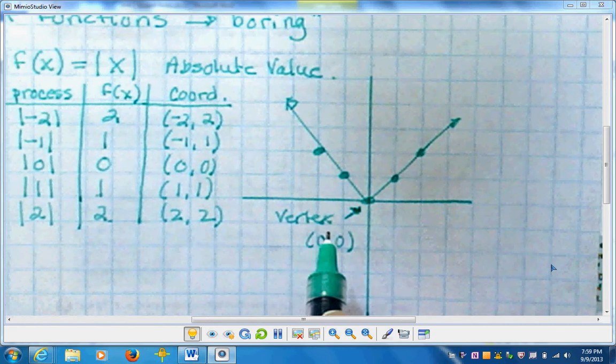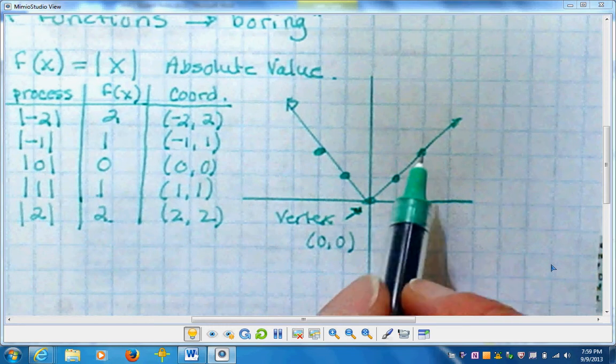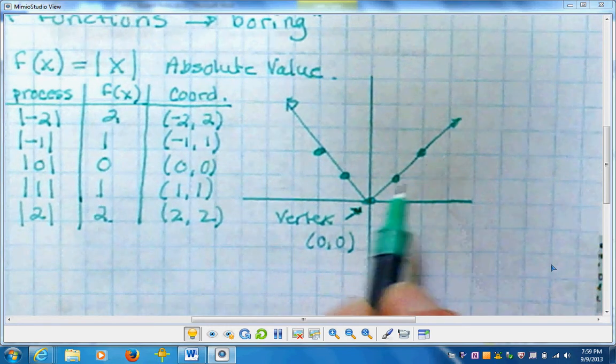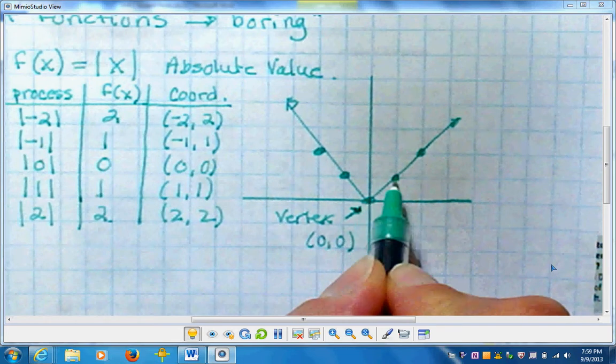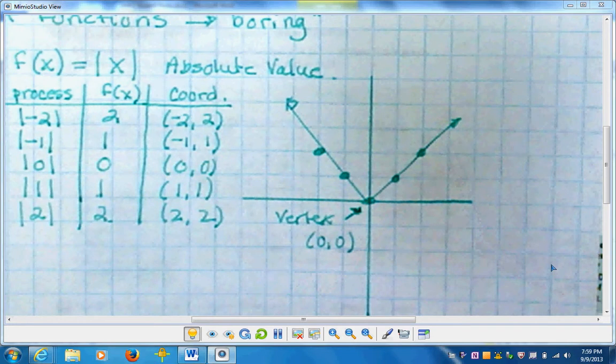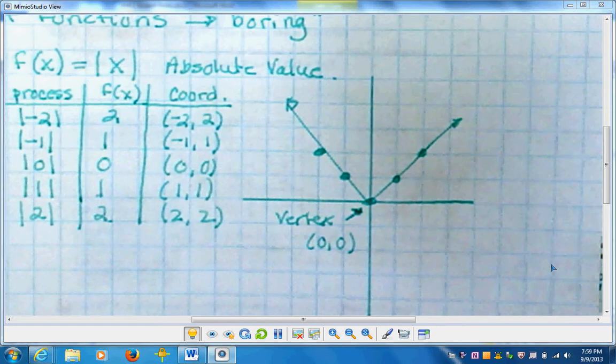Okay, the other thing that I want to notice is I'm just going to look at the right side of my absolute value. It goes over 1, up 1, over 1, up 1, over 1, up 1. So it's also just like a slope of 1. So nothing real exciting is going on.